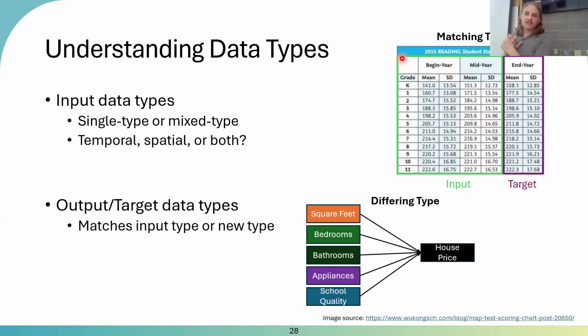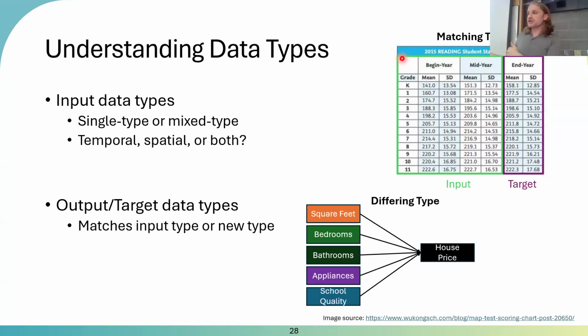An example: you're using the scores of students within a year, they have two tests they've already taken, and you're trying to predict their score at the end of the year. Those are all the same type, the same space you're working in. But that's not always the type of problem you'll encounter.